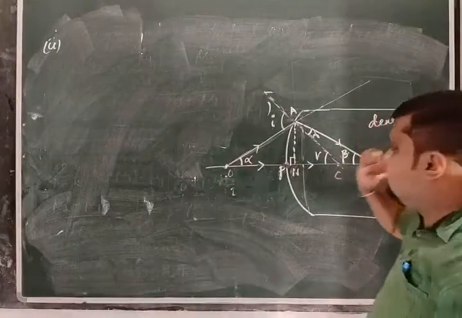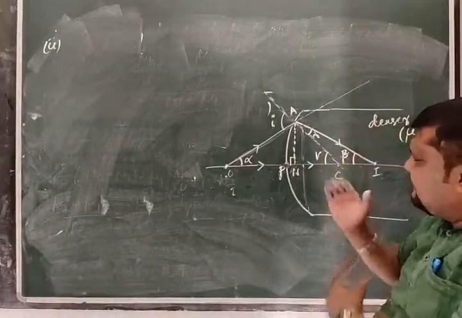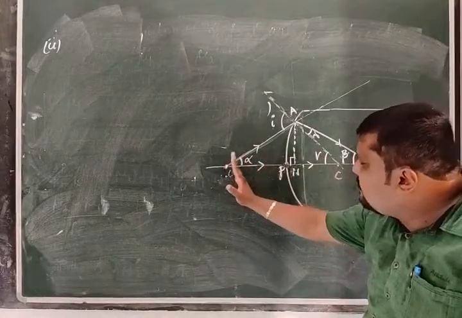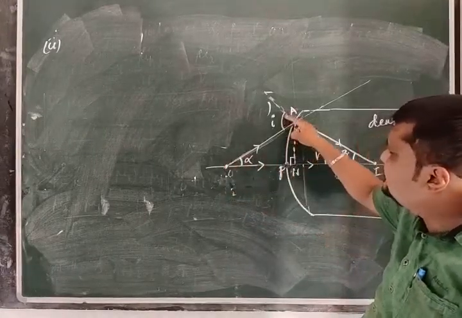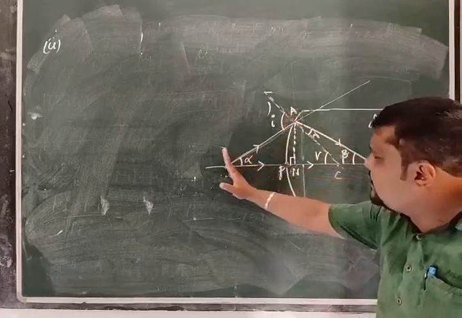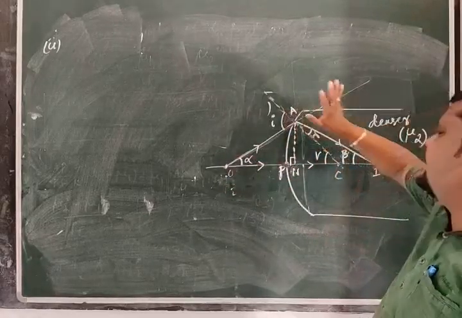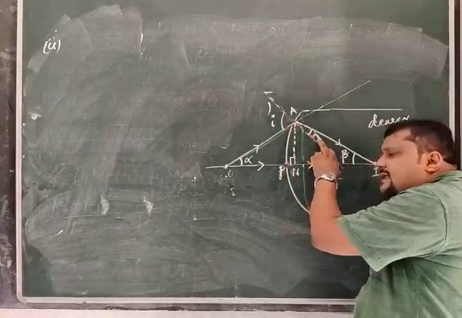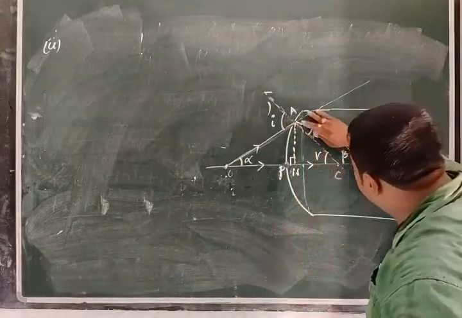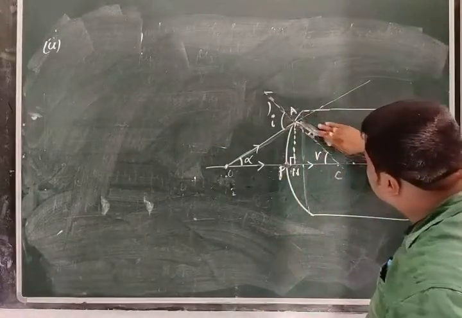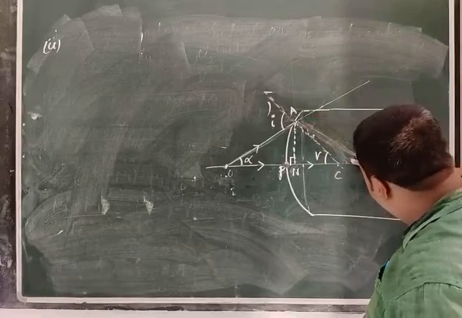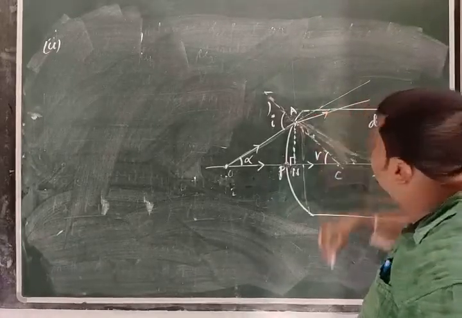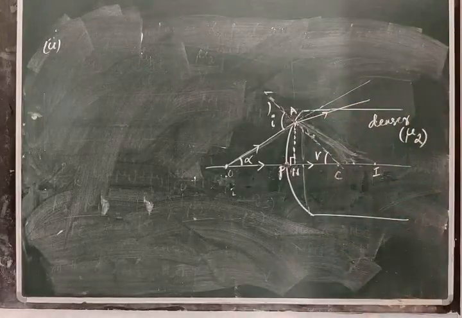If the object comes closer and closer to the pole, the angle of incidence goes on increasing. If i goes on increasing, r also goes on increasing. So there is a chance that the refracted ray may not bend toward the principal axis. This may be the refracted ray.